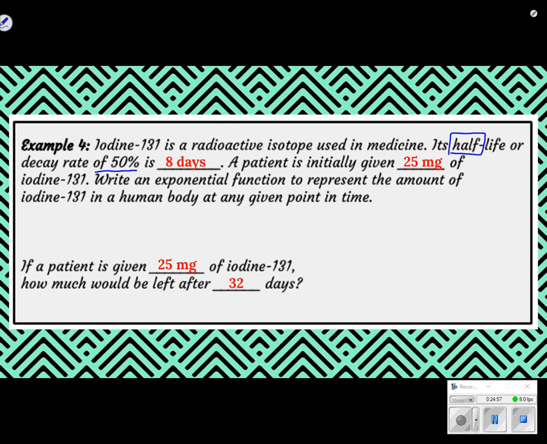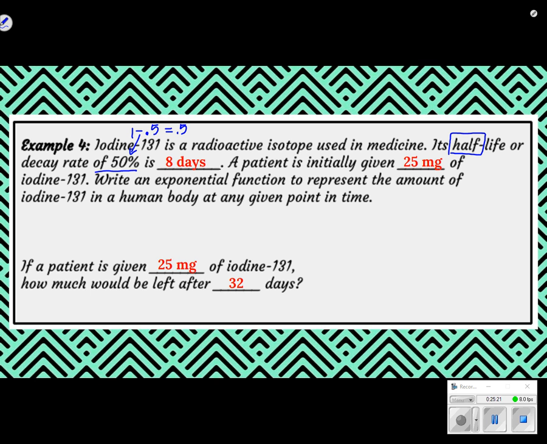If you do, this is 50%, this is 0.5. If you do 1 minus 0.5, you get 0.5, which is a half. So this one you can kind of use both terms. Just want to let you know you're not wrong in doing y equals a times b to the x or doing the 1 minus r piece either.